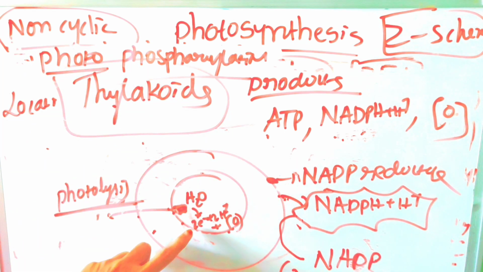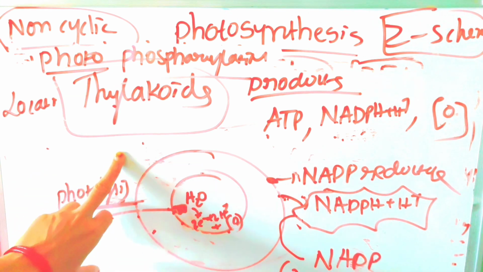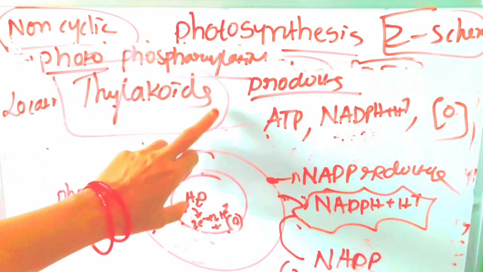A pair of protons is utilized for the synthesis of NADPH plus H plus from NADP with the help of the enzyme NADP reductase. Nascent oxygen is a very important byproduct in the photosynthesis process. So this chapter was only non-cyclic photophosphorylation.